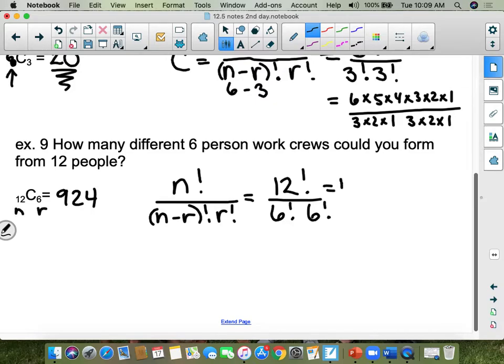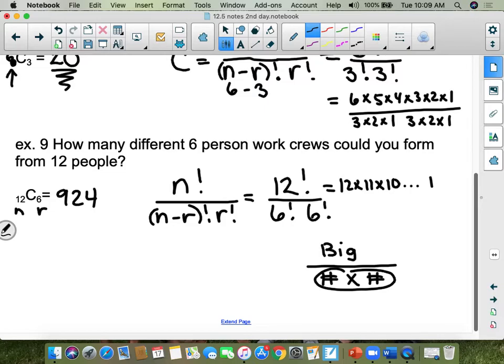Again, you would plug 12 times 11 times 10 all the way down to 1 into your calculator. And you write that big number down, and then you would plug in 6 times 5 times 4 times 3 times 2 times 1 and write that number down, and do the same for the other 6 factorial. You'd multiply these numbers together, and the big number divided by that should equal 924.